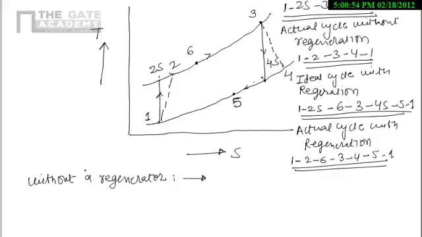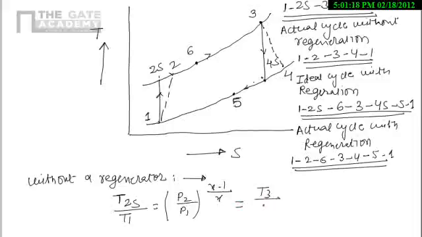So for isentropic expansion or isentropic compression, we can use the reversible adiabatic law. So from the graph we can say T2S by T1 equals P2 by P1 to the power (gamma minus 1) by gamma. Here the same thing I can write for T3 and T4S, because if you see, the pressure ratio is the same for T3 to T4S or T2S to T1.